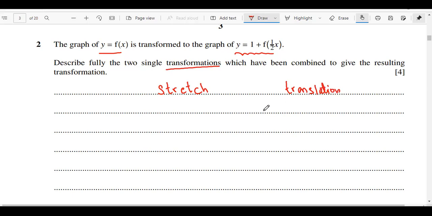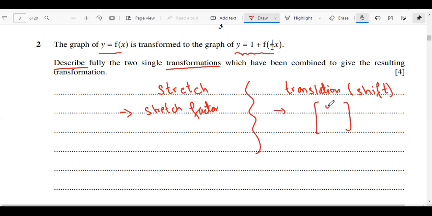Stretch is self-explanatory. For translation, you can just think of it as shifting. To describe a stretch, we write down the stretch factor, and for translation we write down the translation vector this way.